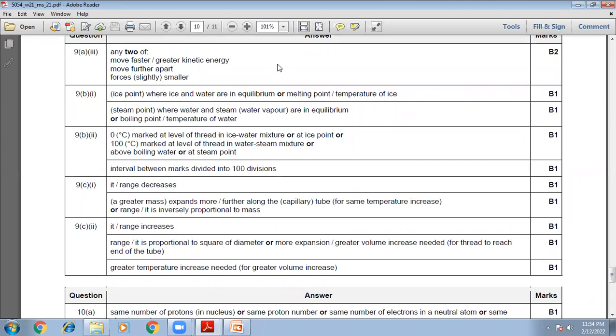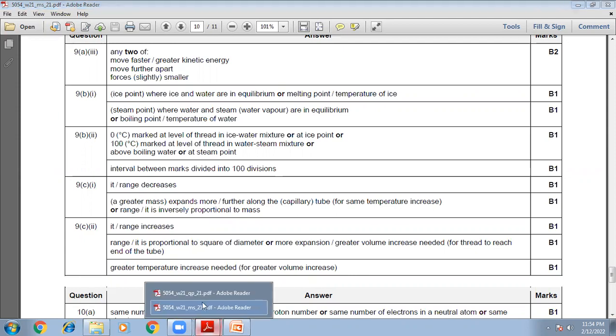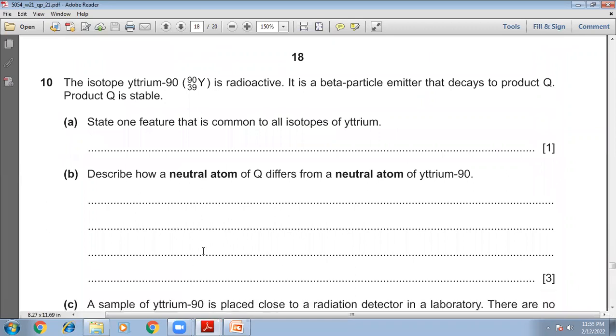Pause this video and read and compare your answers, my answers, your teacher's answers with this marking scheme. It is a very important habit to check the answers and compare them with the marking scheme. Normally, I tell my students, we never attempt any question whose marking scheme we don't have.